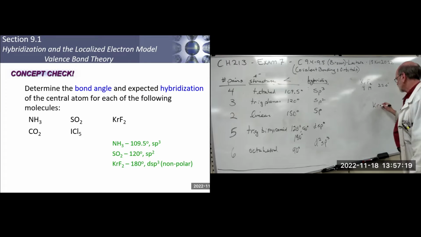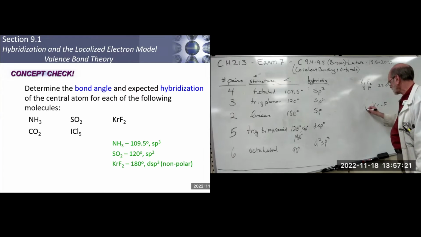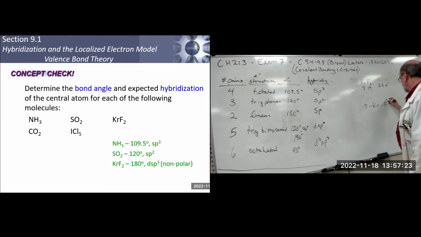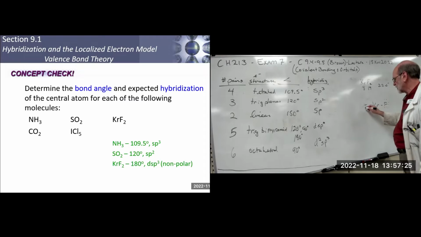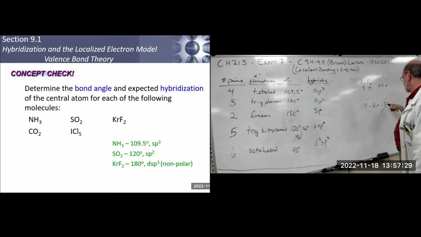Okay, krypton, fluorine. I know we're going to have to do this anyway. So that's 2, 4, 6, 8, 16 equals 46 electrons. 2, 4, 6.